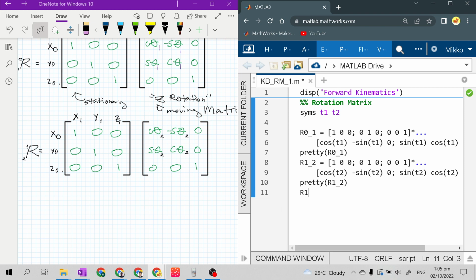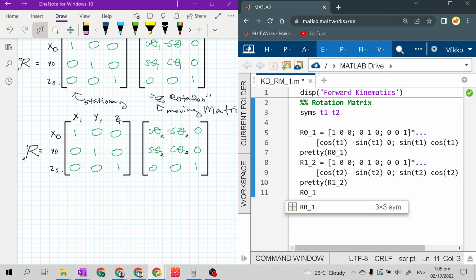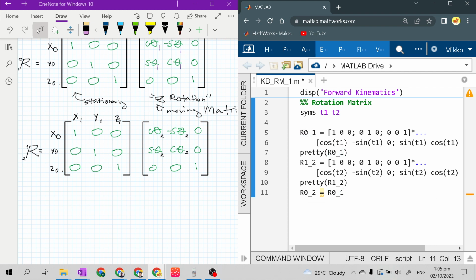So now we have R12. We can now do our equation: R01 multiplied to R12.